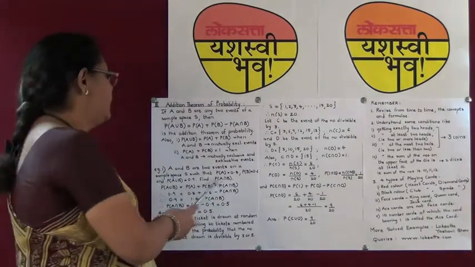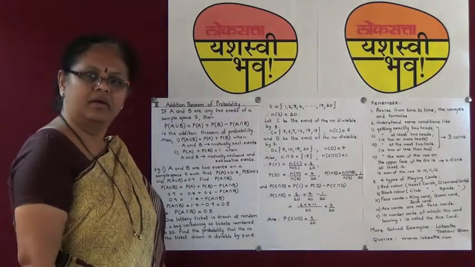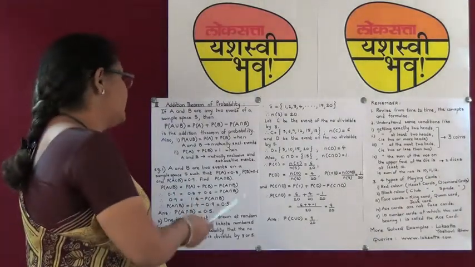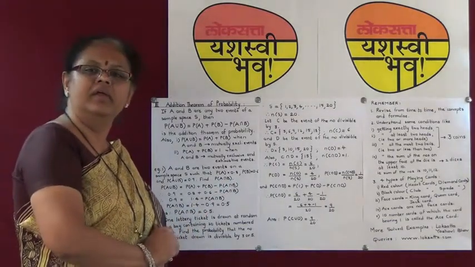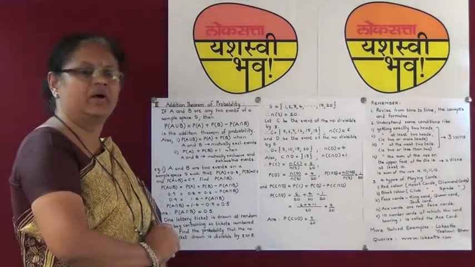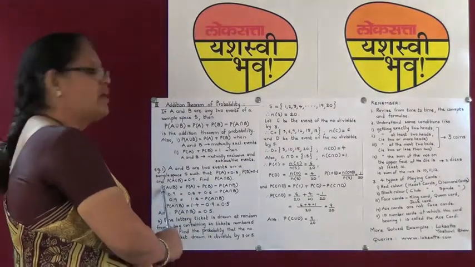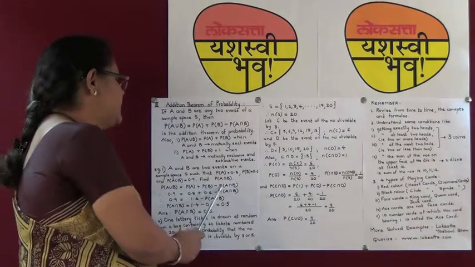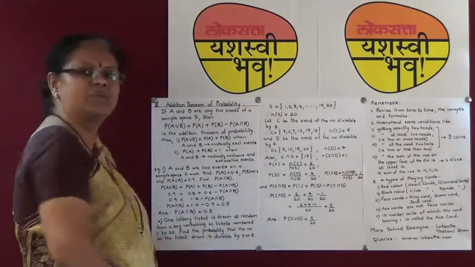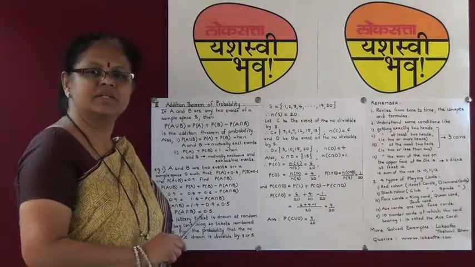Then we have to find the probability of the intersection of events A and B. When we begin with the sum, we have to write down once again the given part. Then we are going to write the formula, that is the addition theorem of probability, as P(A union B) is equal to P(A) plus P(B) minus P(A intersection B). Substitute the values in the formula as they are given in the sum.